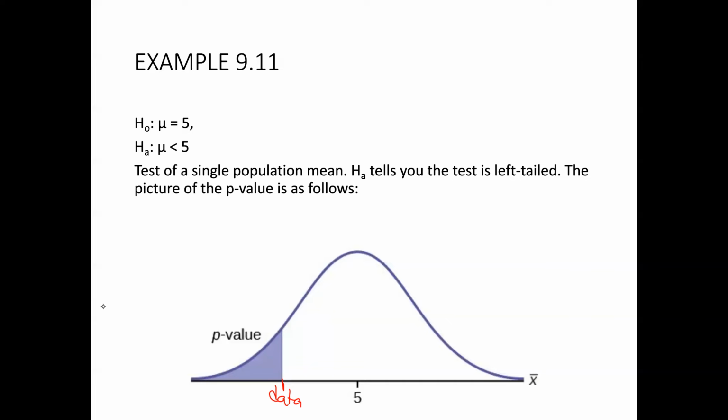So we're looking for a p-value, a probability of a value less than whatever we get from our data. So the alternative tells us this is a left-tailed test. So it really doesn't matter if the null is equal or greater than or equal to. Both of those would be correct. All right.